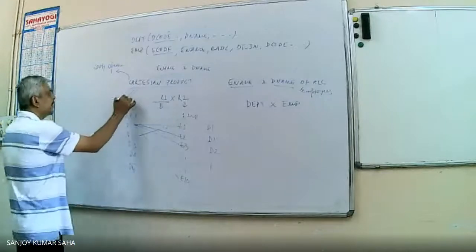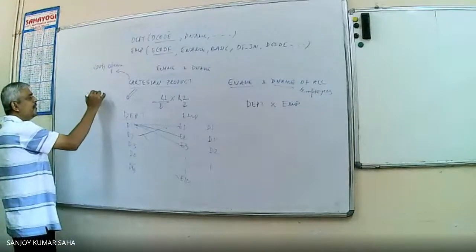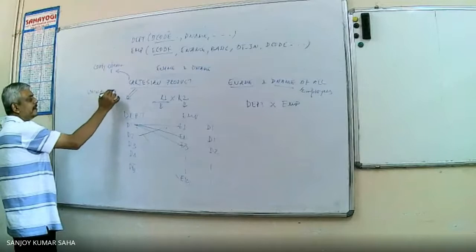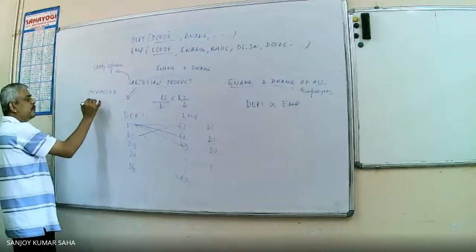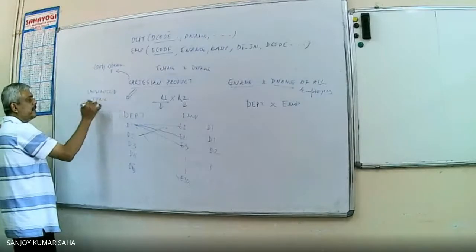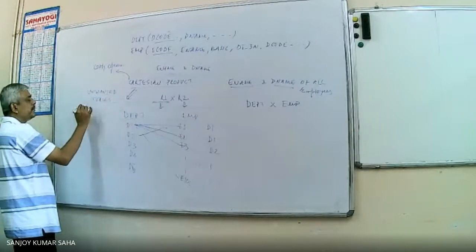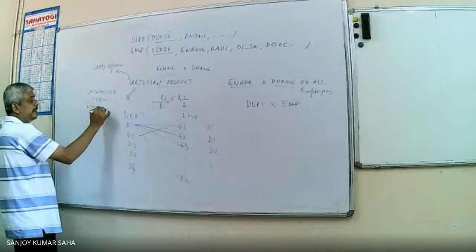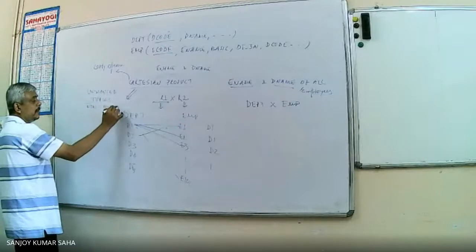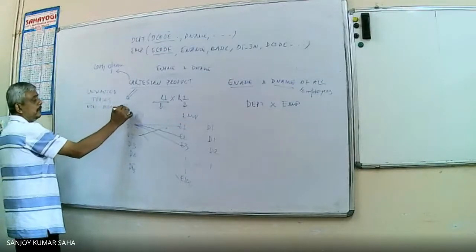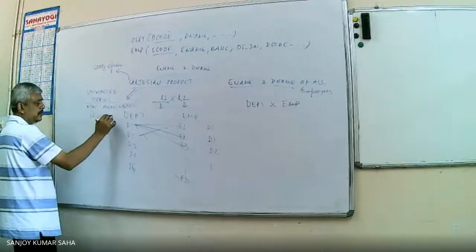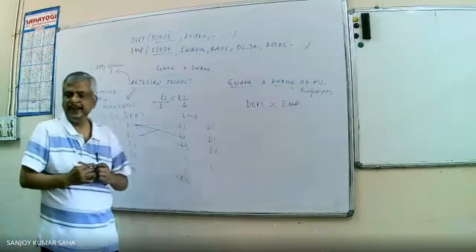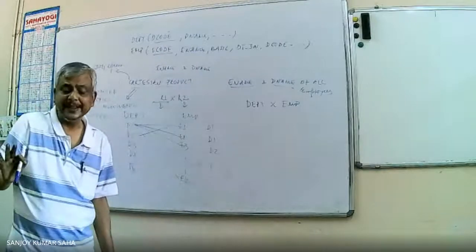So, we are getting lots of unwanted tuples, or say non-meaningful tuples in the outcome. Or we may use the term, we are getting spurious tuples, which are not desirable, not making any sense.